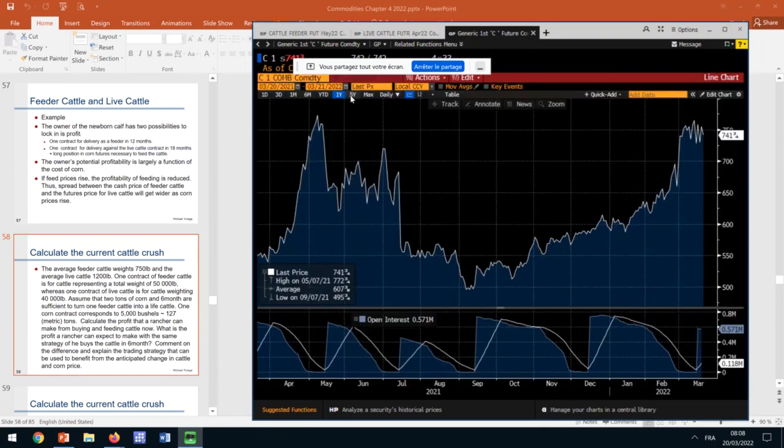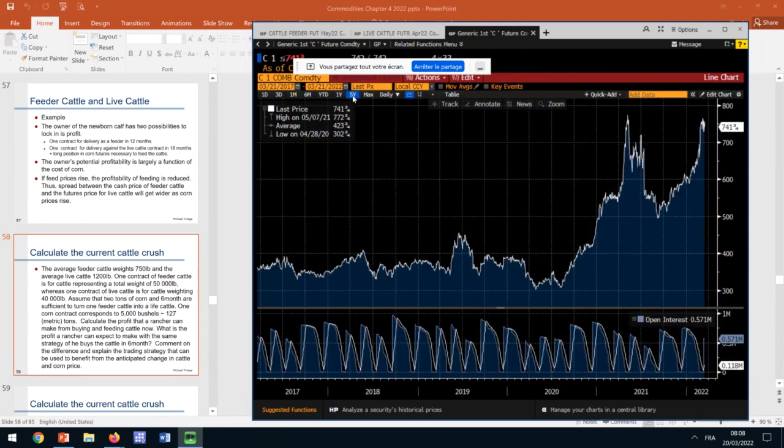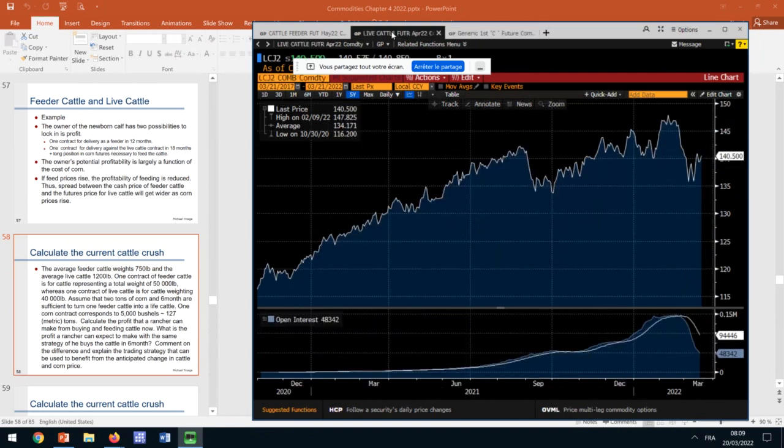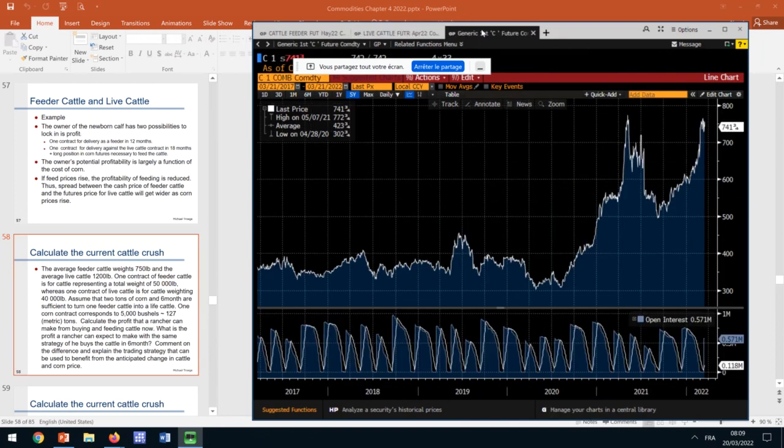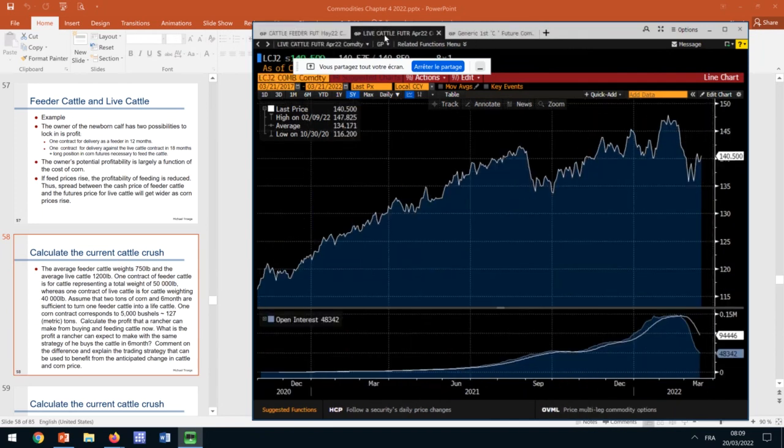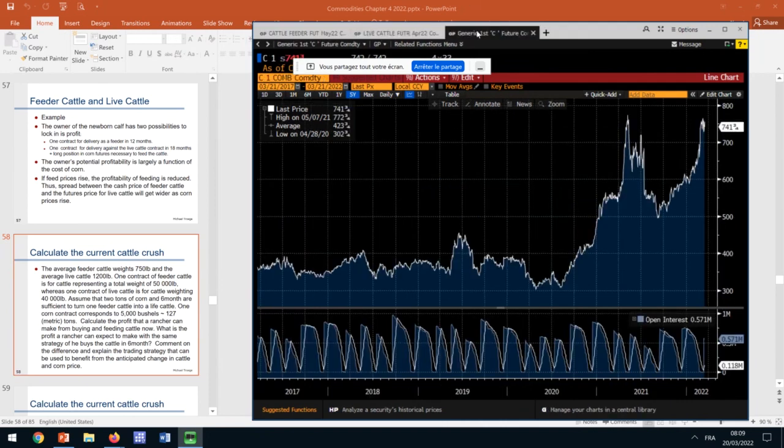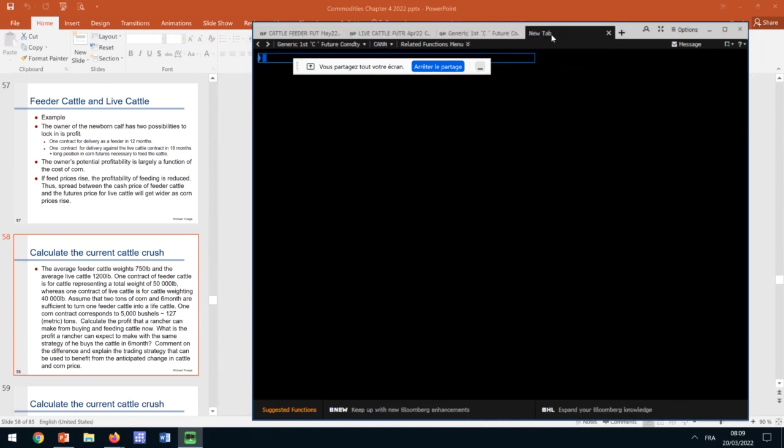Here we go. If you look at the corn contracts, the corn prices have gone up quite a bit. And presumably, the increase in these cattle, the ones that have already eaten a lot of corn, compared to the increase in the value of these cattle, is related to the increase in corn prices.